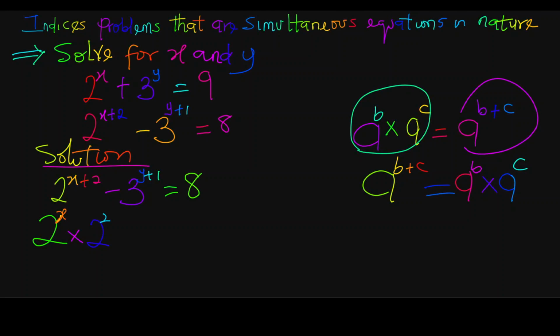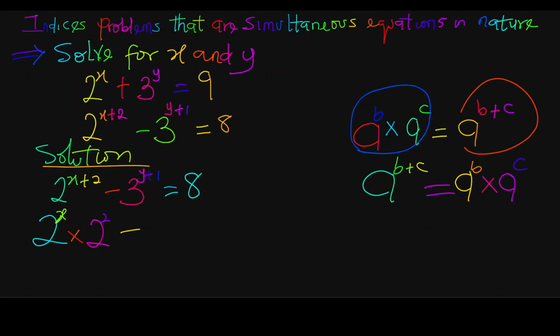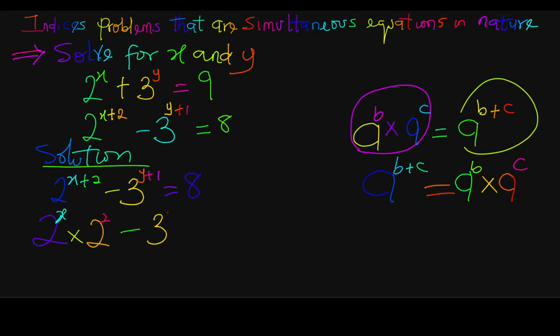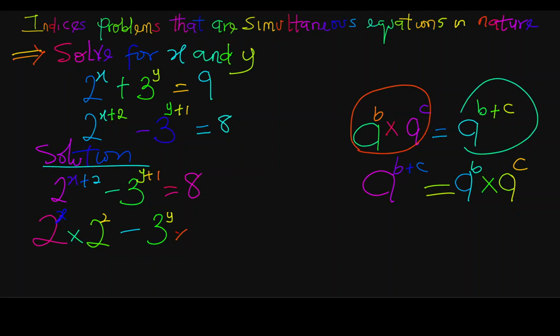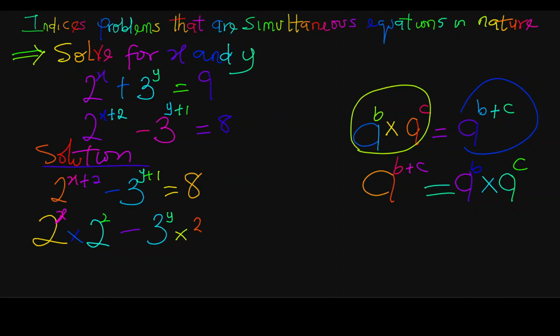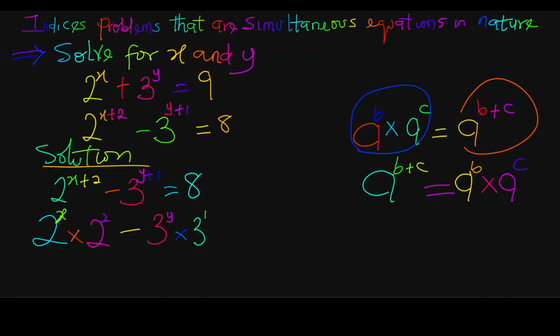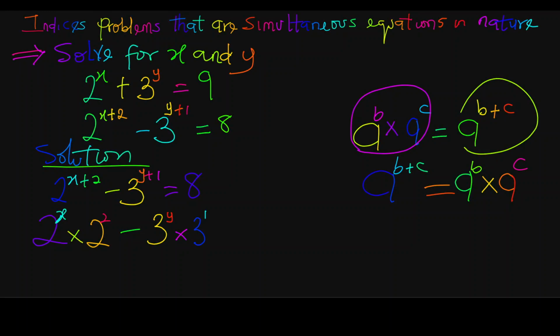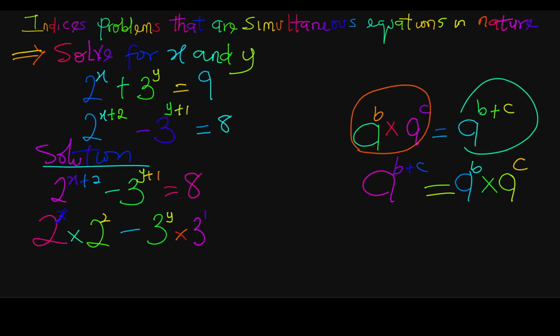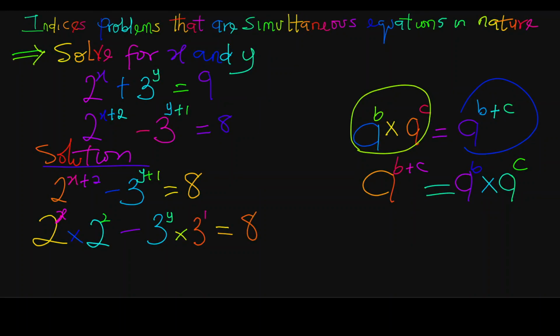So we have minus 3 raised to the power of y multiplied by 3 raised to the power of 1. So we've done the splitting, then everything equal to 8.